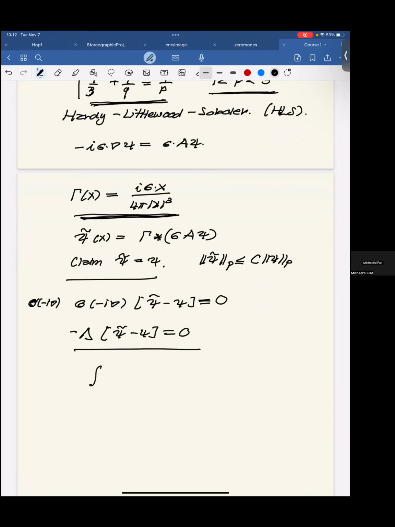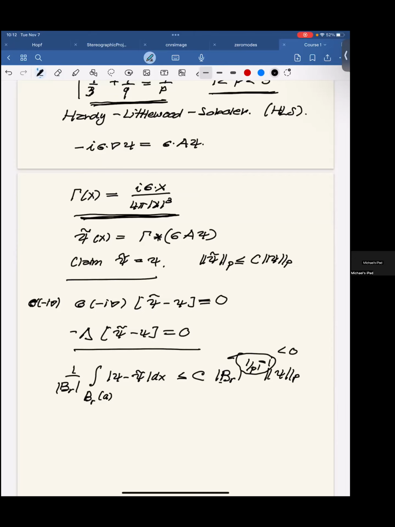And now you notice that when you fix any point A, and you take a ball of radius R, and you look at this difference, that's less than, by Hölder's inequality, the volume of the ball to the power 1 over P prime times the psi P norm. Okay? And you see, therefore, when you divide by the volume of the ball, you have a negative power. And when you let R go off to infinity, you get 0, right?